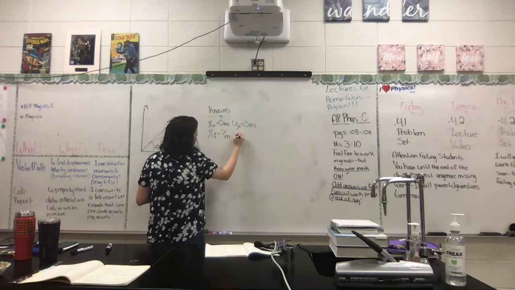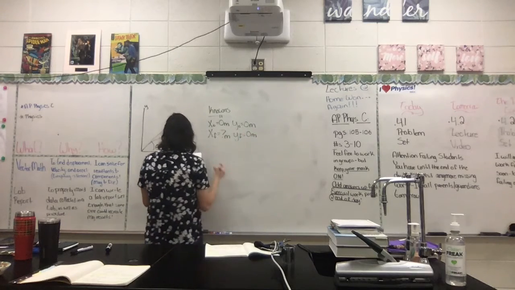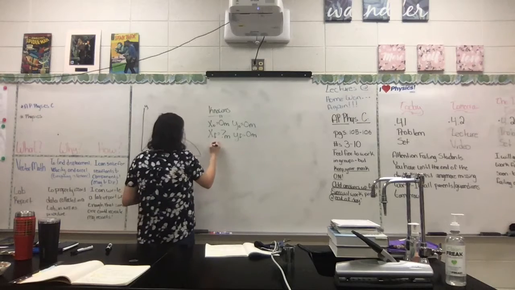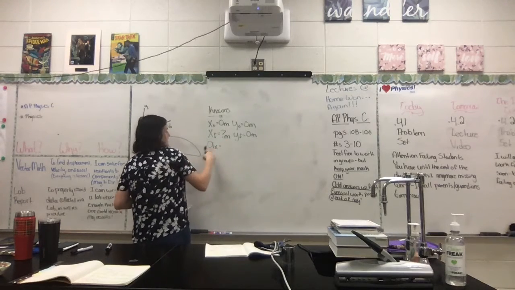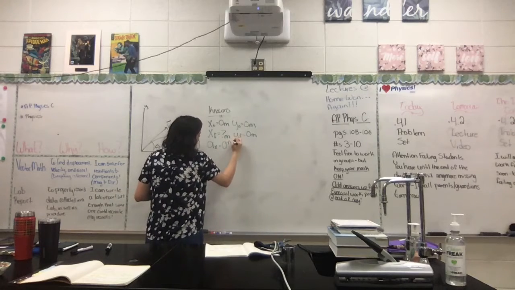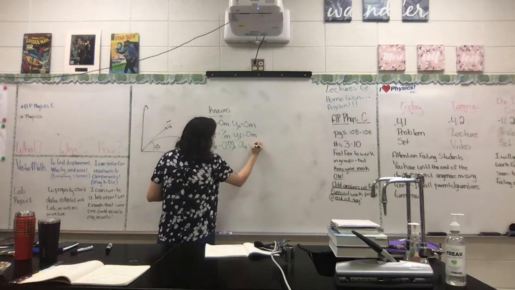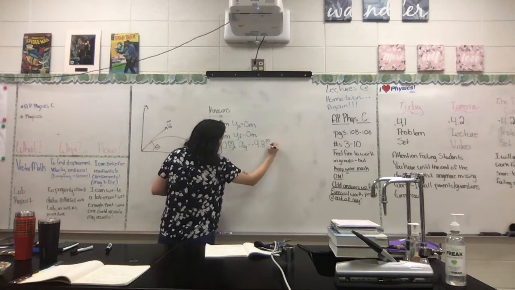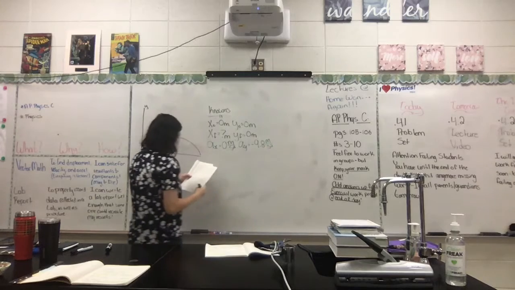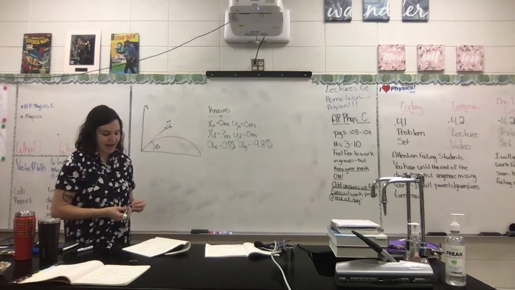When he lands, his final y position is once again 0 meters. Once he's in trajectory, his x acceleration is 0 meters per second squared, and his y acceleration is negative 9.8 meters per second squared. Remember, what we're looking for is that xf.